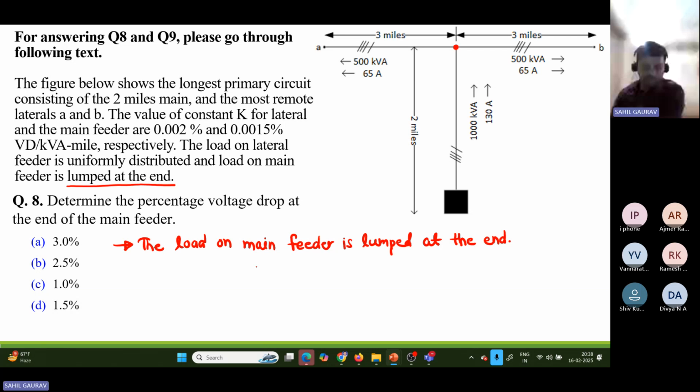If there is one feeder, then you better use S three-phase, 1000. Yes, correct, very good. So SN is 1000 kVA. The percentage voltage drop is 0.0015% times L is 2, SN is 1000. The answer is A.